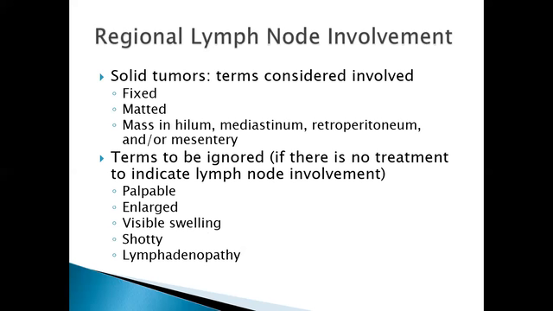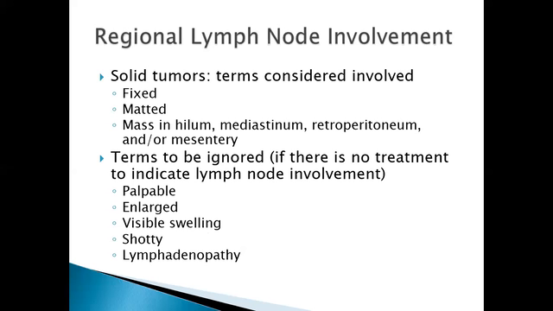So if those different terms are used, that means the cancer does involve those lymph nodes. Now, terms such as palpable, enlarged, visible swelling, shoddy, lymphadenopathy, these terms should be ignored if there is no treatment to indicate that there is lymph node involvement, okay?